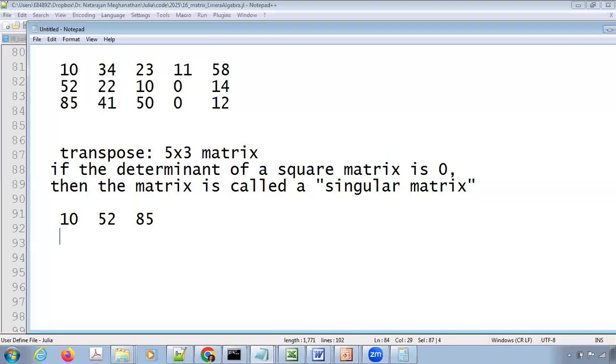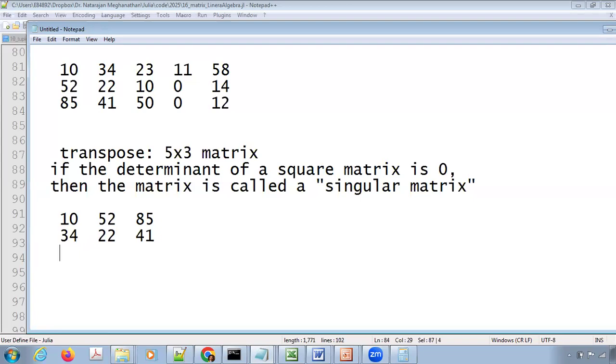Then the second row of the transpose will be the second column of the original matrix.